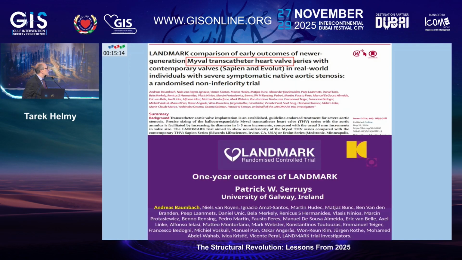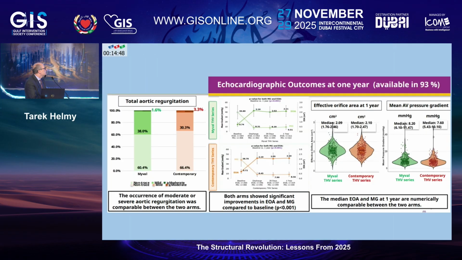I'm going to skip over this. The MyValve transcatheter heart valve, we do not have this available to us in the United States, but the landmark trial compared MyValve to currently used Sapien and Evolut.